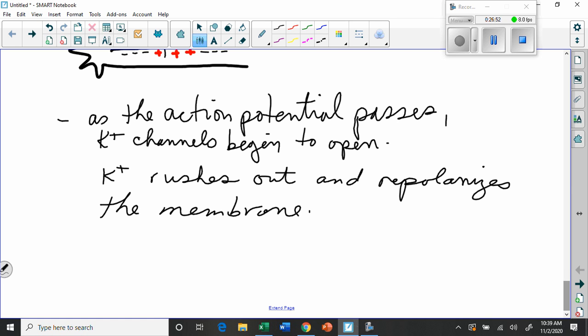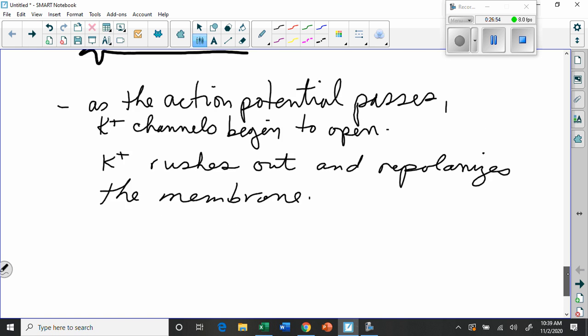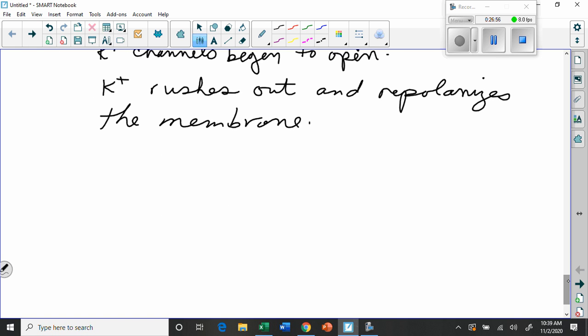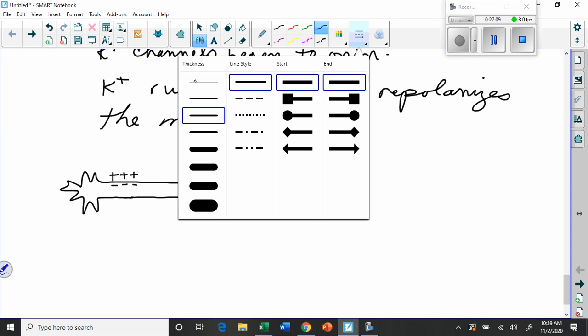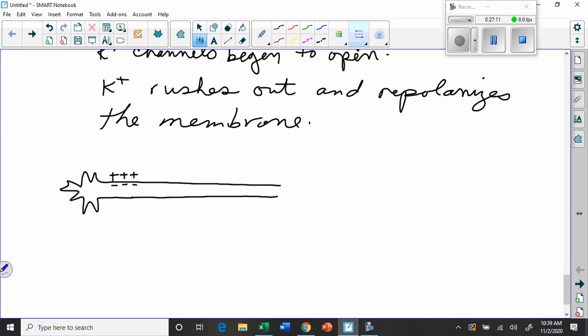So the picture would look like this. Here's our neuron. Here's our action potential. These are the repolarized sections.